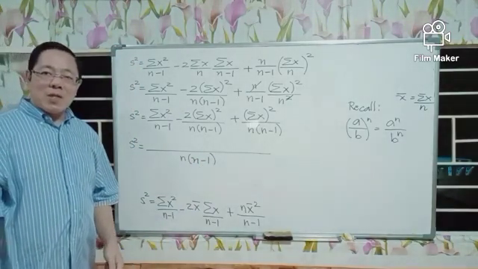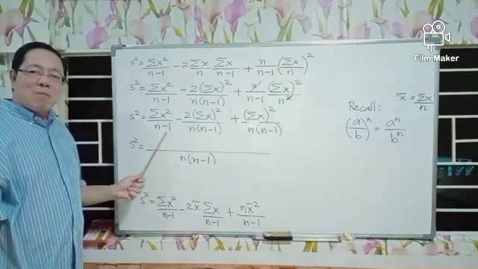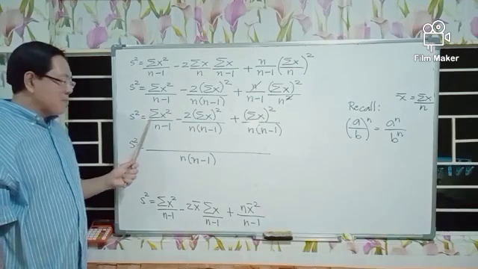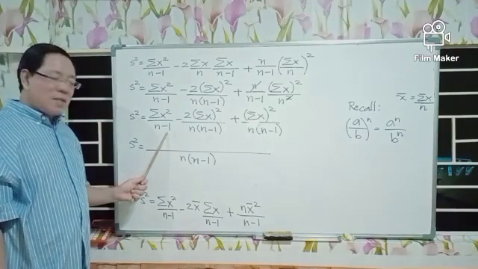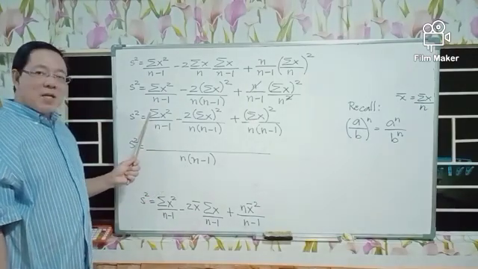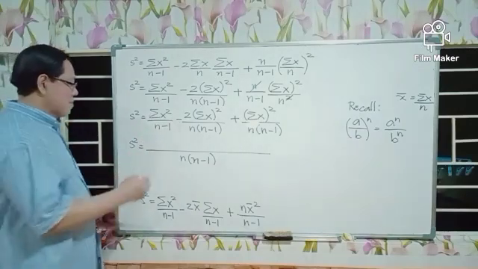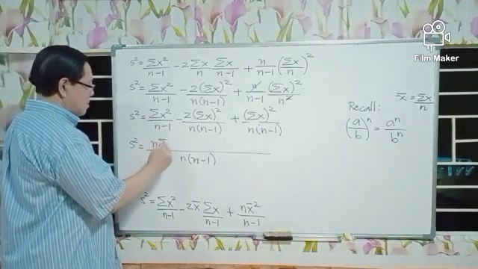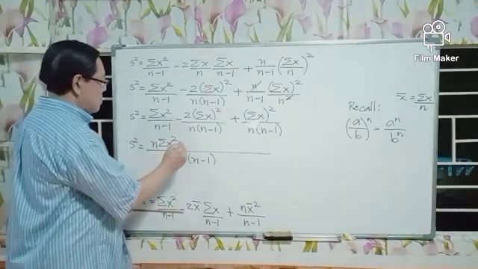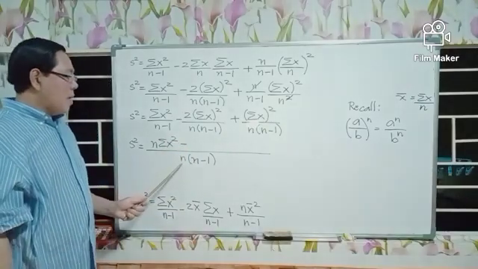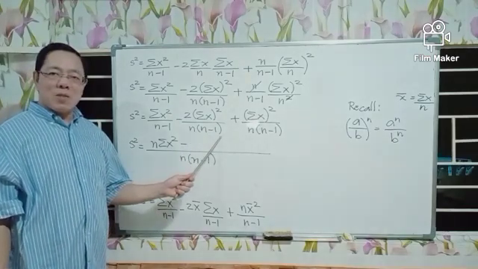Now we find the numerator by dividing the LCD by each denominator and multiplying the result by the numerator. For the first term, n multiplied by n minus 1 divided by n minus 1 is n. Multiplied by the numerator, you get n times the summation of x squared. Minus, for the second term, the LCD n multiplied by n minus 1 divided by n multiplied by n minus 1 is 1.